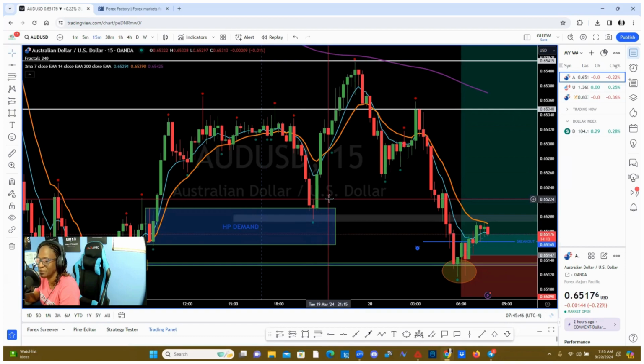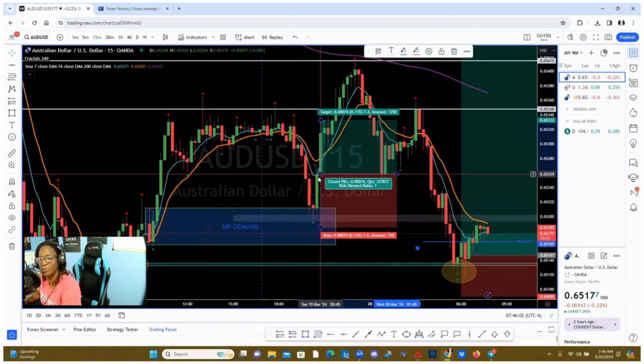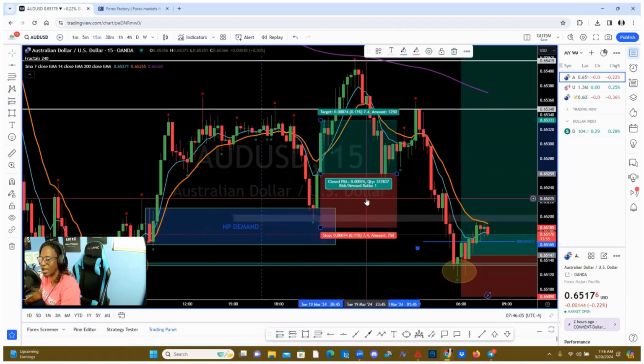And to me, sniper doesn't mean necessarily early. Sniper is speaking about accuracy. And the more confirmations you have, the more accurate you become. And to me, that defines a sniper entry. So for me now, this is going to be sniper because right there, I have solid confirmation.